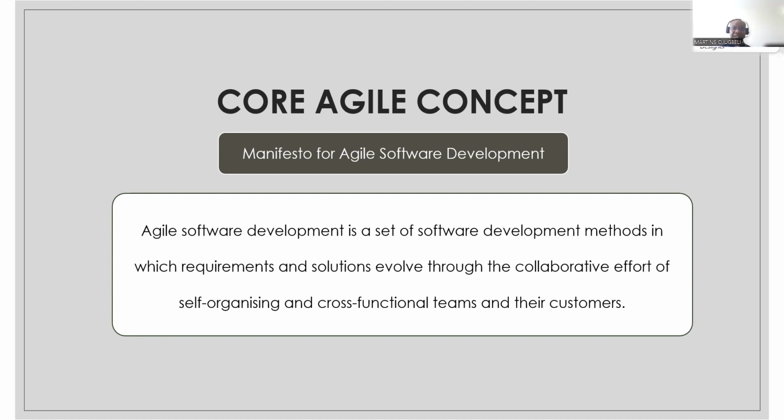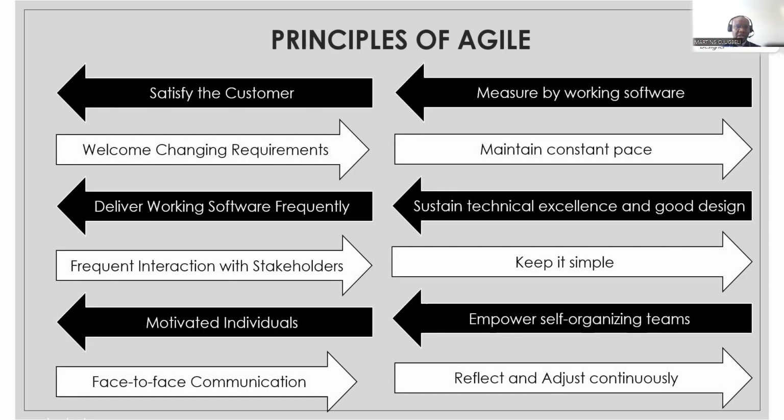Finally, the Agile methodology has a very core manifesto, or what we call principles, and there are 12 of them. The very first one is to satisfy the customer, welcome changing requirements, deliver working software frequently, frequent interaction with stakeholders, motivated individuals, face-to-face communication.